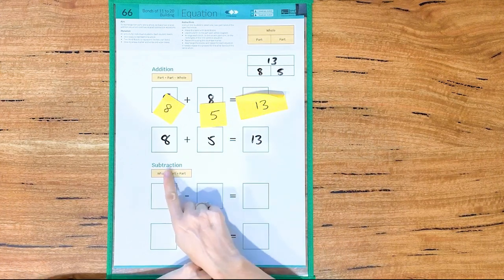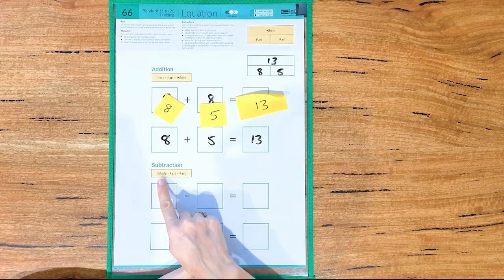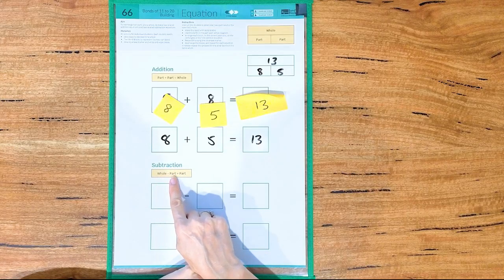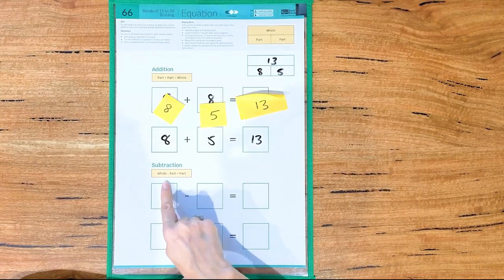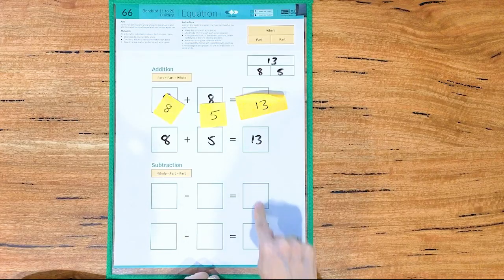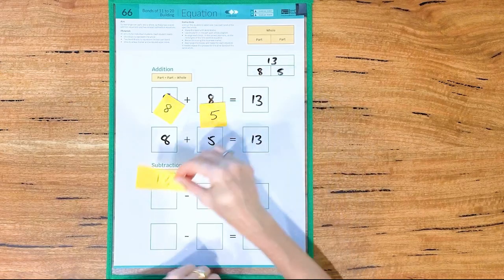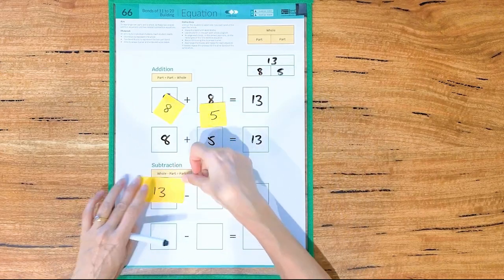When I move to subtraction, I need to remember that subtraction is different. It's whole subtract part equals part. This is the whole position here. This is a part and this is a part. I'm going to pick up my whole and place it in the whole position.